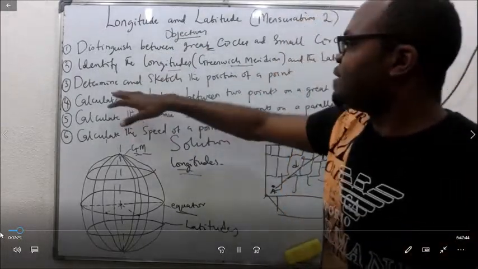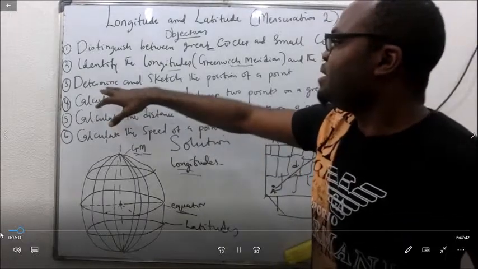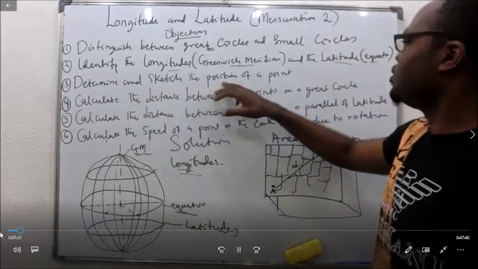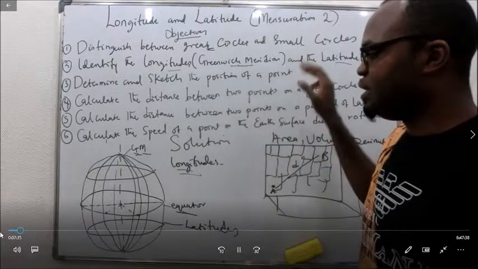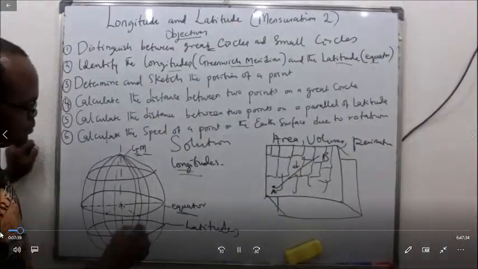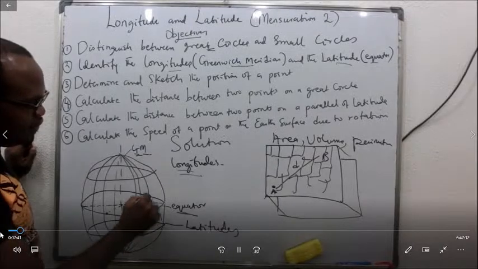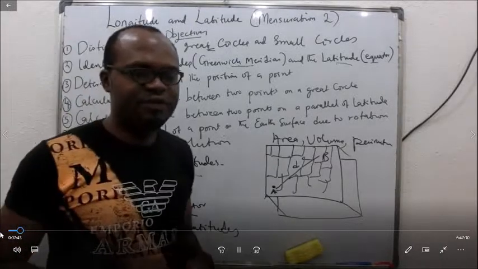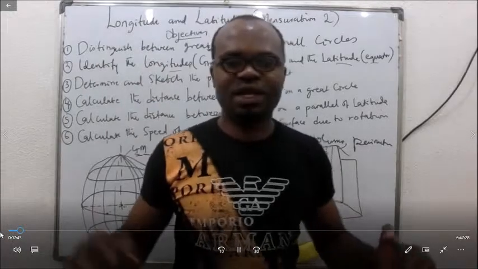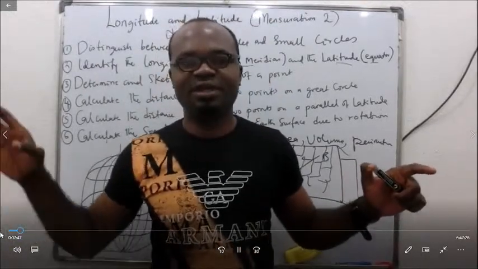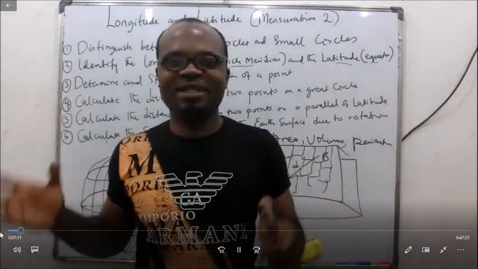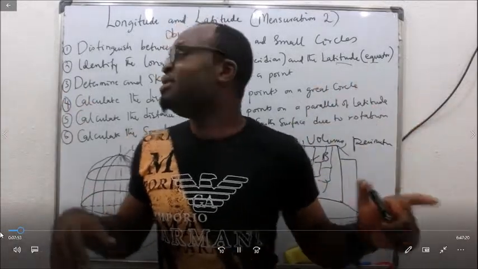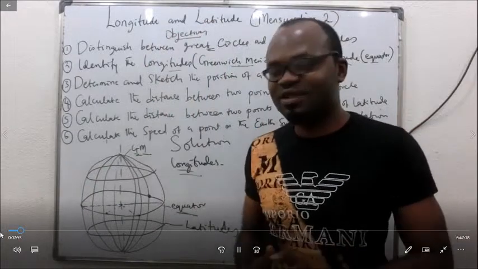Now let's look at the third objective. Determine and sketch the position of a point. Now, if you have a point on the Earth's surface, if you want to calculate distances on the Earth's surface, like distance from one point on Earth to the other, distance from Nigeria to Canada, knowledge of longitude and latitude can actually help you.